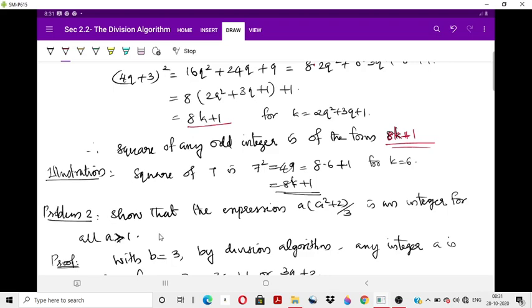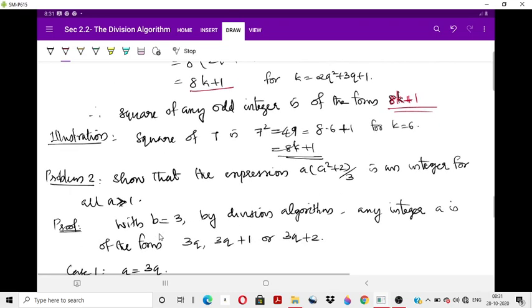When b is equal to 3, by the division algorithm, any integer a greater than or equal to 1 is of the form 3q, 3q plus 1, or 3q plus 2, according to the value of r as 0, 1 or 2, because we are dividing by 3.